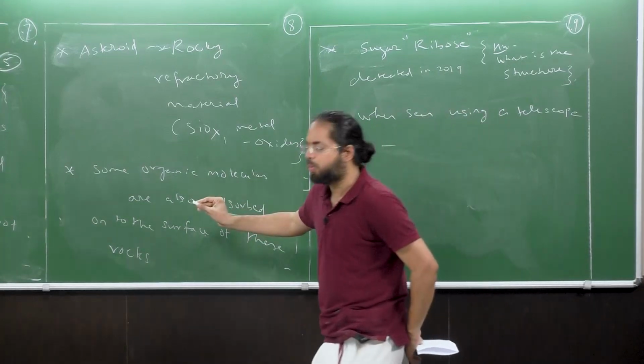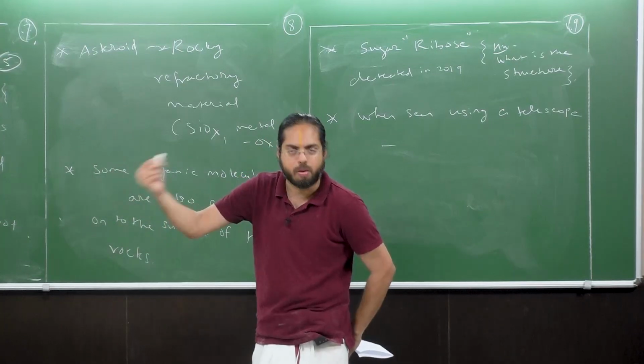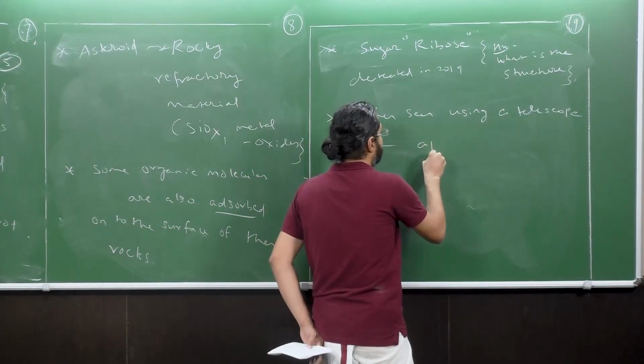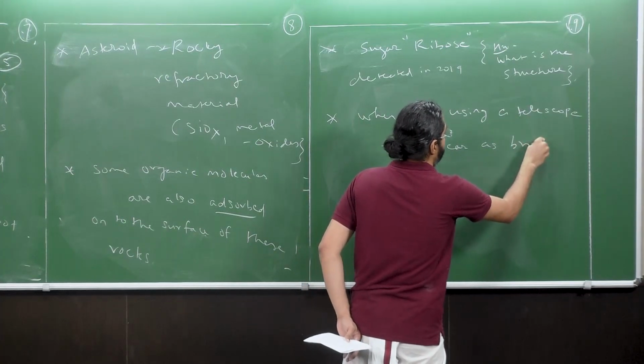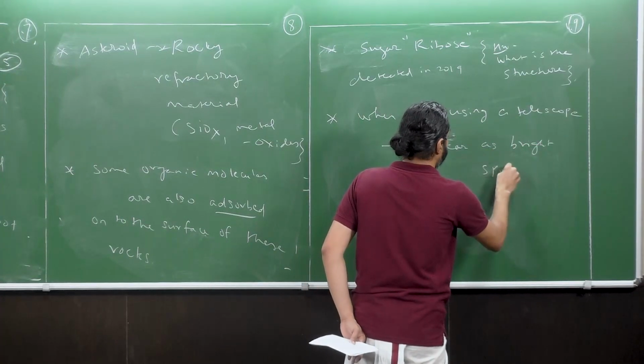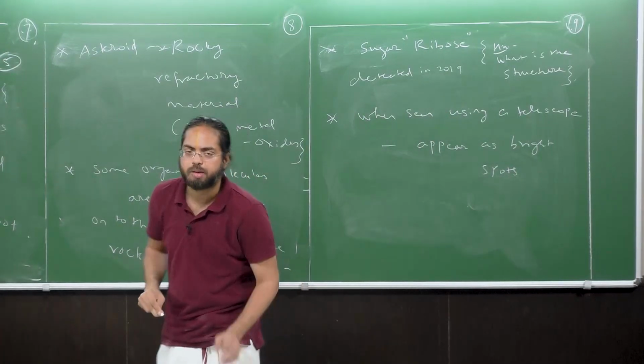This is a key way via which we can distinguish between asteroids and comets. So this is the key understanding about asteroids.